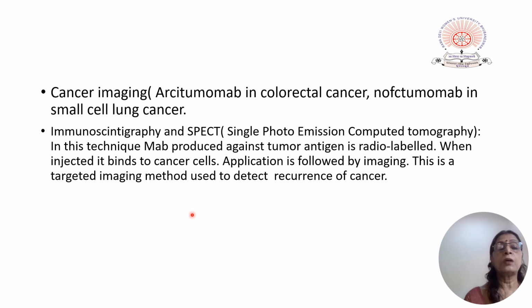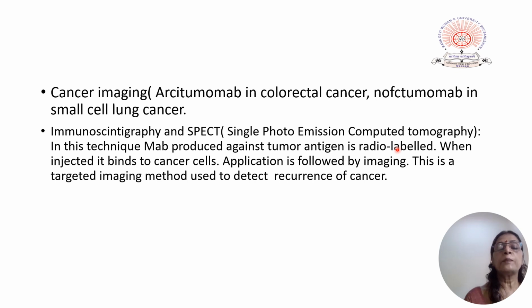Cancer imaging also uses monoclonal antibody. Here there are two examples of monoclonal antibody that have been approved for the detection of recurrence of colorectal cancer and small cell lung cancer. In this technique, the MAB is first produced against the tumor antigen, then it is radiolabeled.